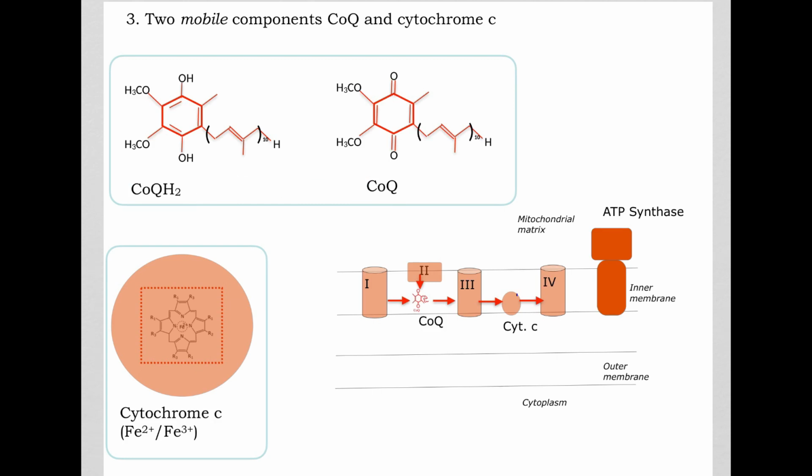The second mobile component of the electron transport chain is cytochrome C. Like other cytochromes, it too has an iron atom, and that iron atom is surrounded by a heme. Of course, this environment is different, therefore the redox potential here is going to be different than other cytochromes. And this iron atom can exist as its reduced form, or can interconvert to oxidized iron.